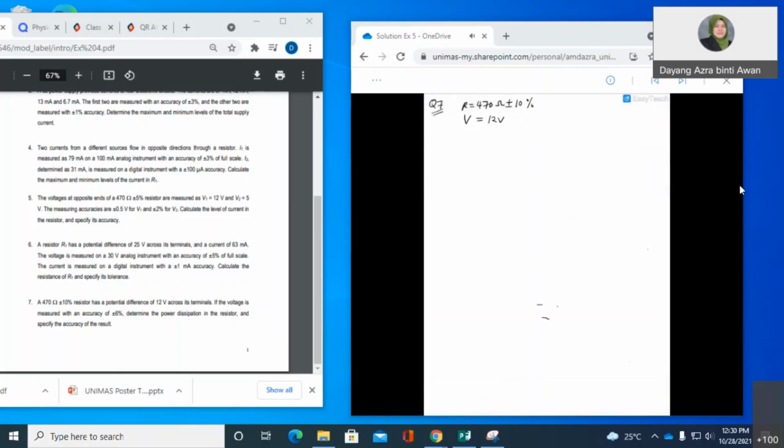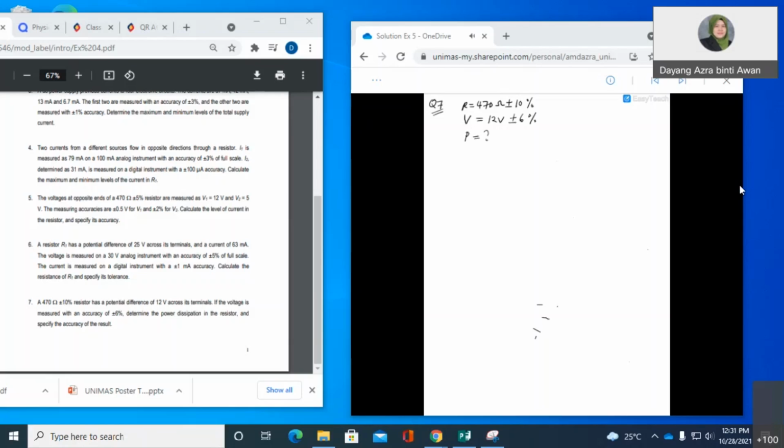This is the voltage across its terminal, measured with an accuracy of plus minus 6%. So determine the power of the circuit in the resistor and specify the accuracy.